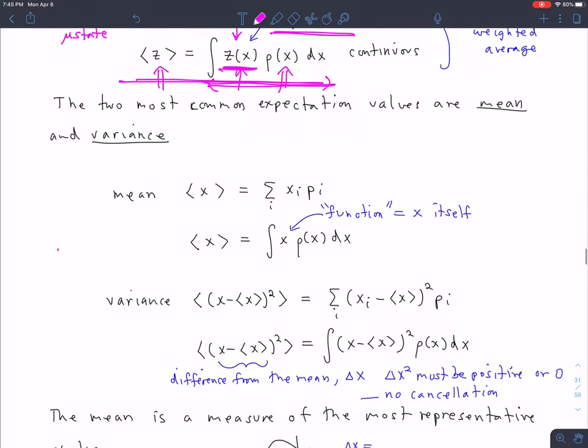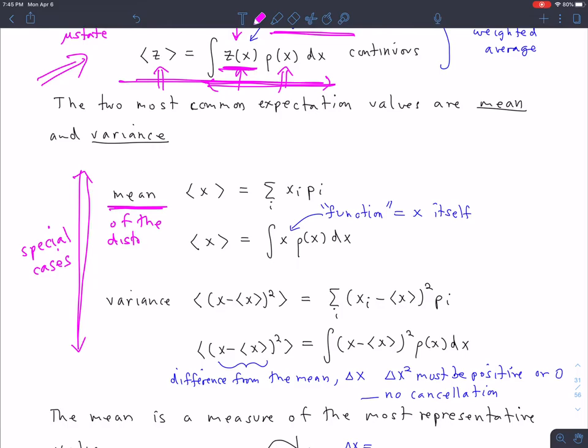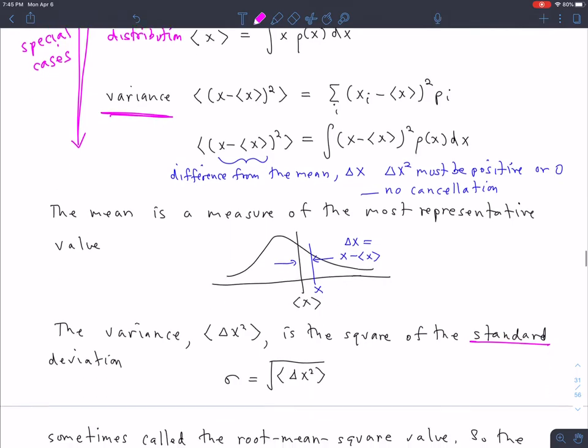There are two special cases. So this is the general case up here, but there are two special cases that come up all the time and are especially important. And those are the mean of the distribution and the variance of the distribution. The mean, everybody kind of knows what the mean is already.